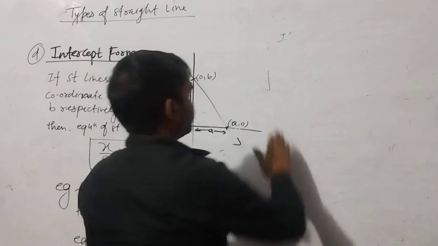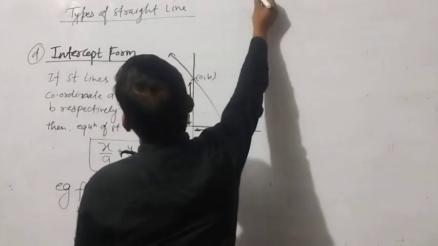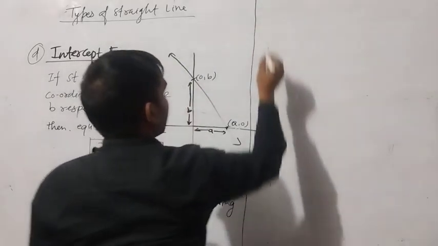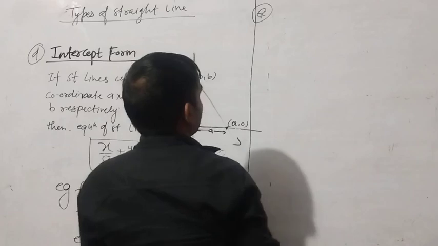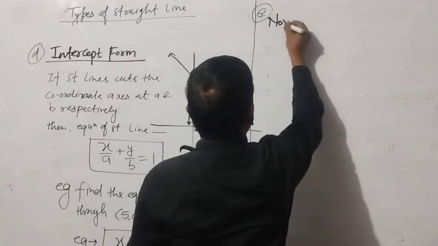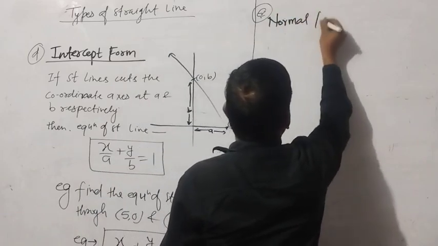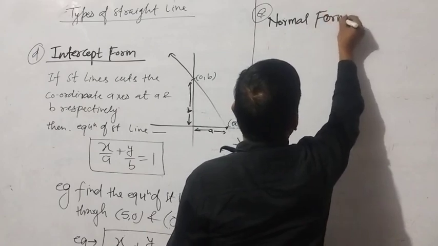So third, there is the fifth type of straight line, that is E, the normal form. What is the meaning of normal form?